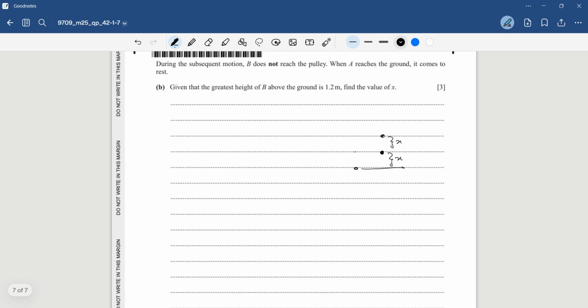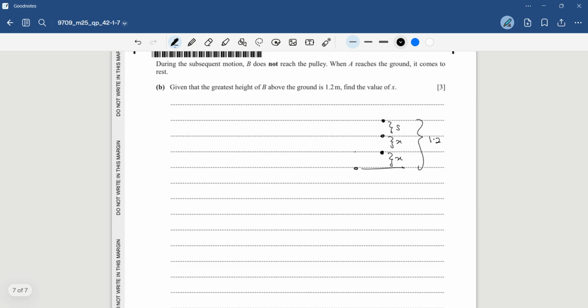So B will continue to move up due to the inertia until the speed of particle B becomes 0. So here, this is the greatest height, 1.2, and I name this distance S.